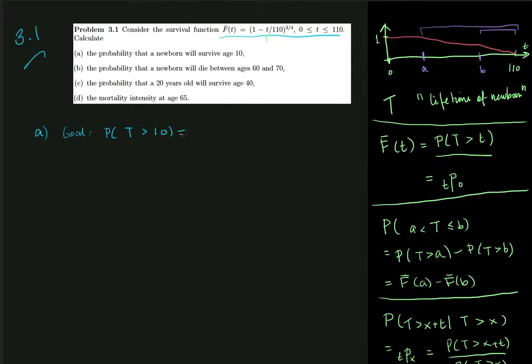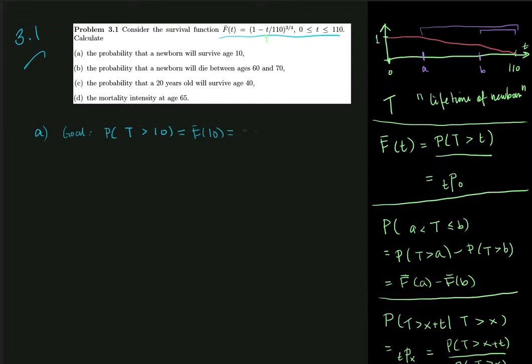Now, we actually have this pretty much given, since this is exactly the same as the survival function, which they do give us in the exercise. So this is equal to 1 minus... here. So we want to evaluate the survival function in the value 10.